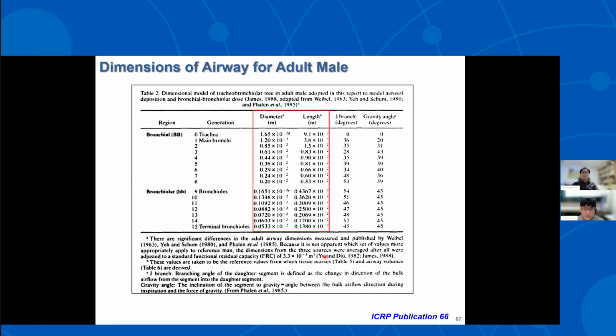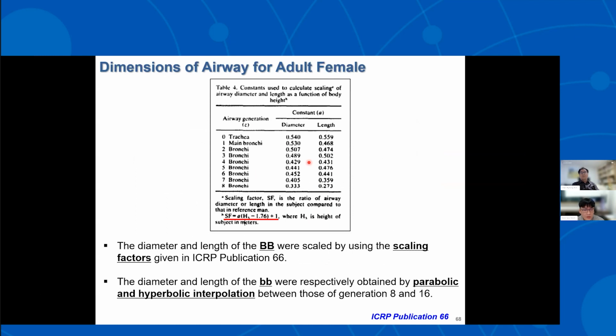For the airway construction, we used the diameter and length for each branch generation given in ICRP Publication 66 for the adult male. And for the adult female, we obtained the branch diameter and length from the scaling and interpolation method as explained in ICRP Publication 66.